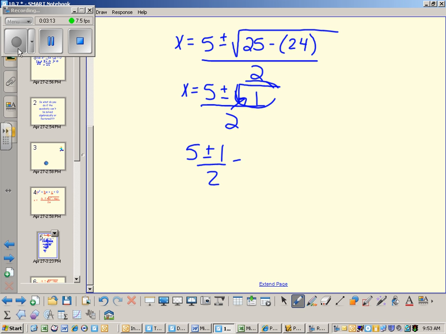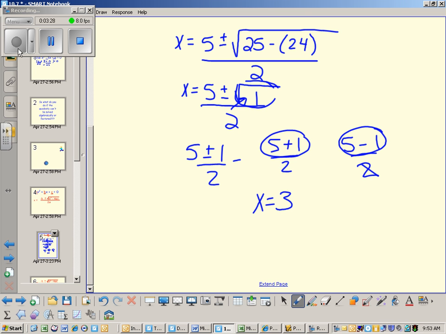So then that means 5 plus 1 over 2 and 5 minus 1 over 2. So we've got here 6 over 2, so x is 3. Then we've got 5 minus 1, 4 over 2, or x is 2. And that would be our final answer for that problem.